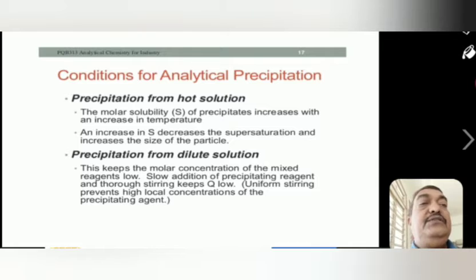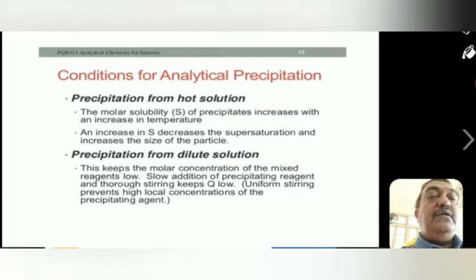Now, whenever we see formation of a precipitate, there are certain conditions that come into force. That is, conditions for analytical precipitation. Whenever the precipitating agent is added to the solution, one should be very cautious that the formation of precipitate is very accurate. Here we have to remember that precipitation formation involves either a hot condition of the solution or ionic conditions of the solution.